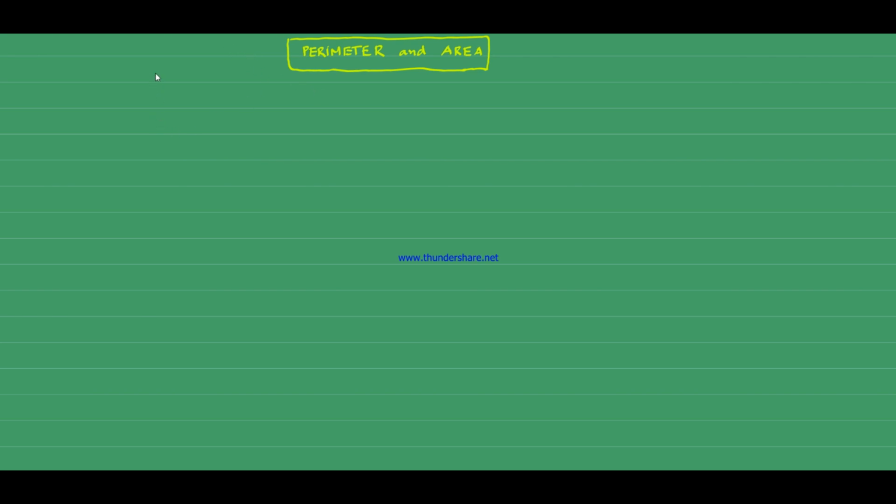So perimeter. Okay, I'll put perimeter over here. Perimeter is just the surrounding measurement of a geometric shape.